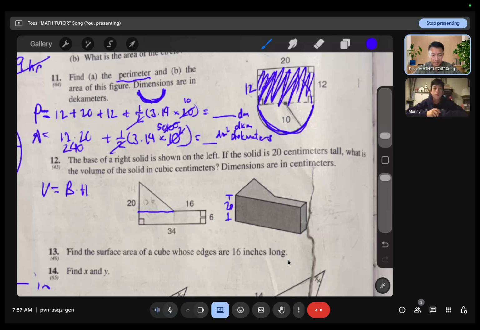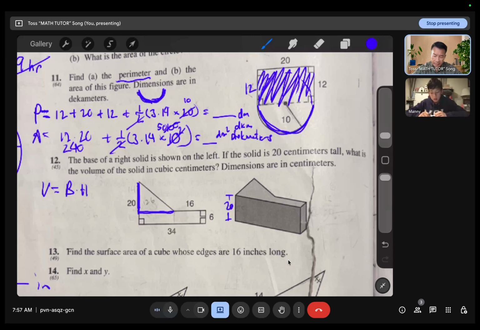I think that's what most people do. But careful though. This from here to here, what is that? You have to do 34 minus 16 to find the base.